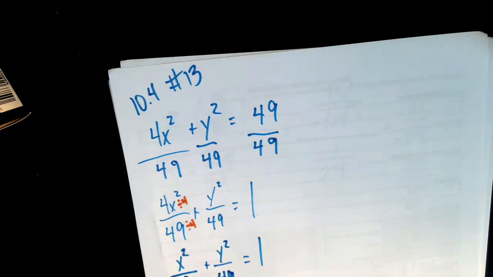Now remember, our a has to be bigger than our b in order to find the foci. But let's just take a break from finding the foci, and let's just graph this thing. So, how would we graph this thing?